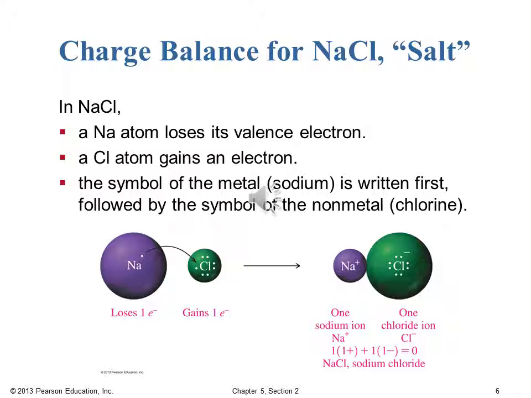And when we write the symbol for our sodium chloride, our salt, we always write the symbol of the metal first and then the symbol of the non-metal afterward. And for the formula of the compound, we shouldn't have any pluses or minuses, no superscripts, but as we'll see, we will end up with subscripts quite often, although sodium chloride has none because of the +1 and -1. We don't show the ones as subscripts.